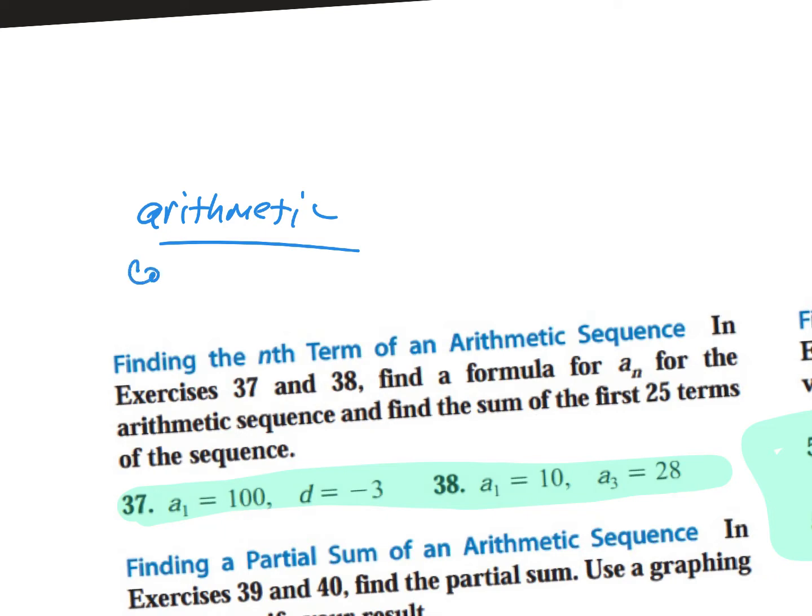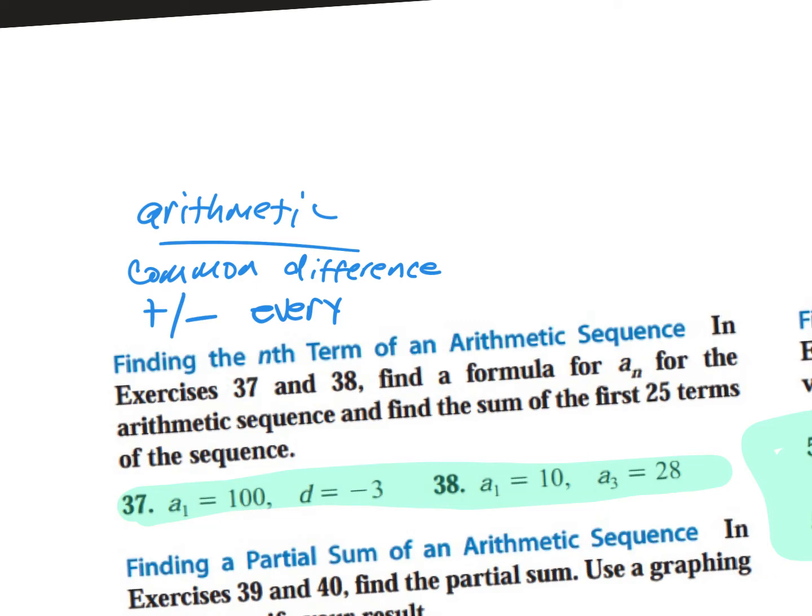Remember that, guys? Common difference. And it's what's being added or subtracted every time. It'll be the same number. It's like y equals mx plus b. If you were to graph it, it would form a line.